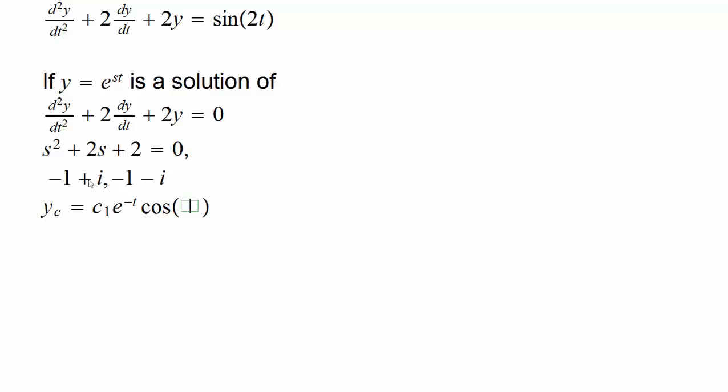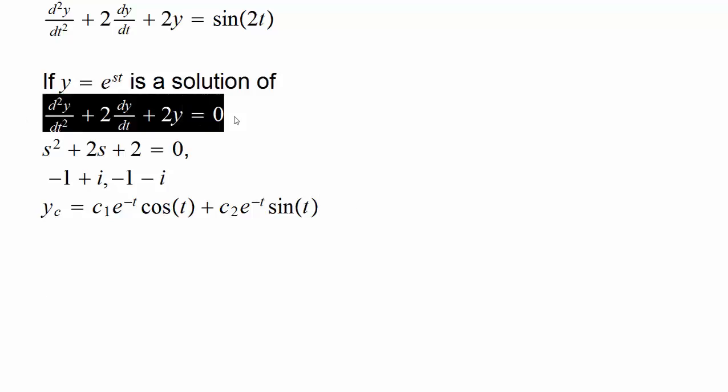Why? Because the coefficient of i is 1. Then plus we have the same thing, but instead of cosine we have sine t. So this is the solution of this equation.